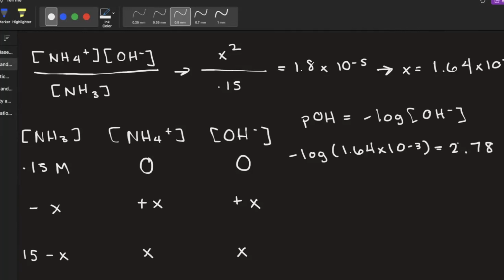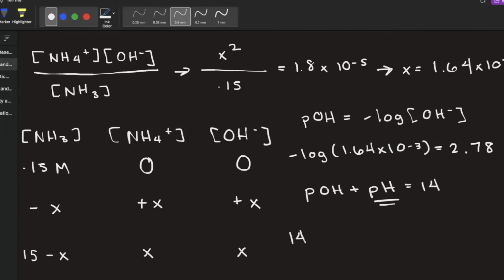2.78, roughly. This is our pOH number, but what we're looking for is pH. Now, remember that pOH plus pH is always going to equal 14. So what we need to do is subtract 2.78 from 14 to get our pH.